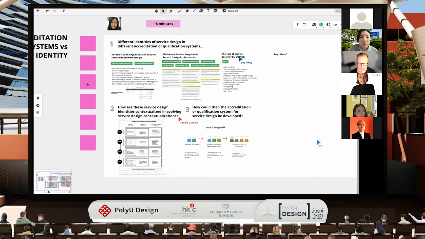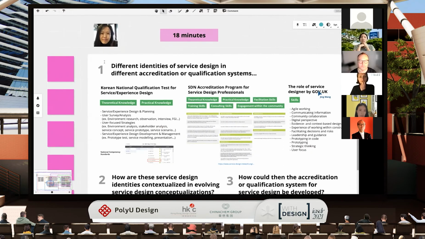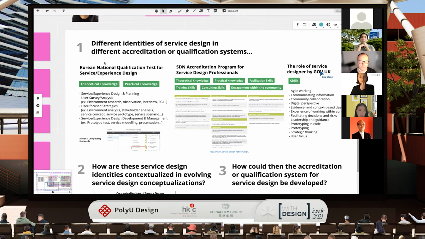Okay, thank you, Daniela. I would like to discuss different service design identities as reflected in different accreditation and qualification systems. Here, just as an example, I brought 3 different qualification and accreditation systems or programs, or just definition.